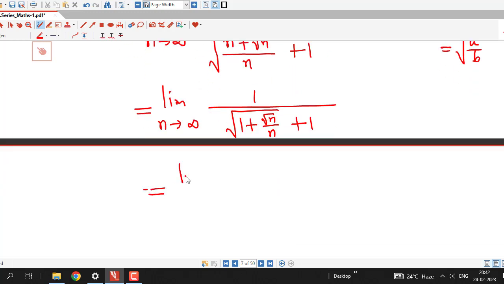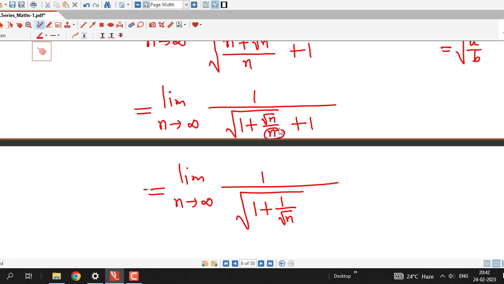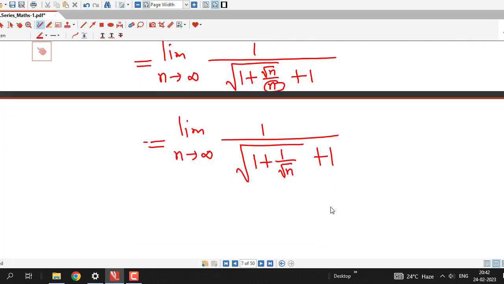And this again we can write as limit n tending to infinity, 1 divided by square root of 1 plus 1 over square root of n. This n can be written as square root of n. So 1 square root of n will get cancelled, and plus 1.